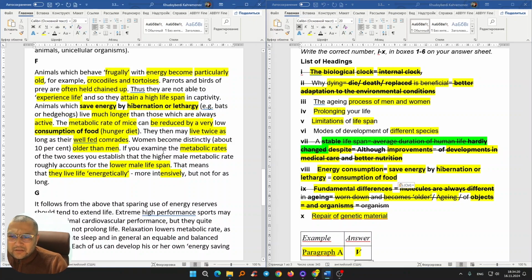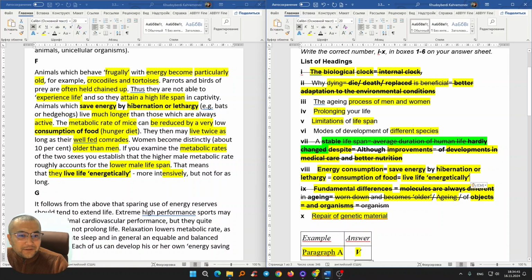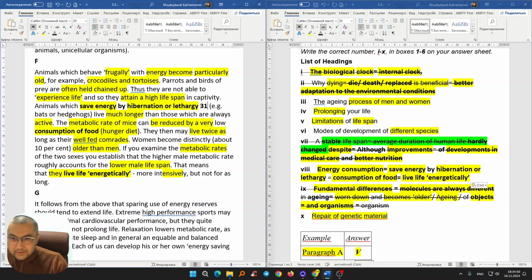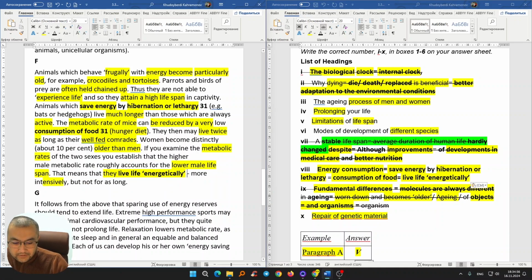If you pay attention here, it's talking about energy consumption. Males live life energetically because they are consuming their energy more compared to the women. That's why men tend to live shorter compared to the women here, right? So this is the reason why it's going to be 31.